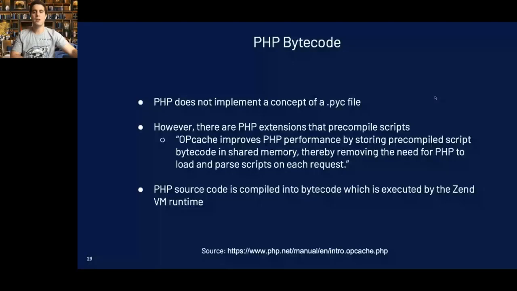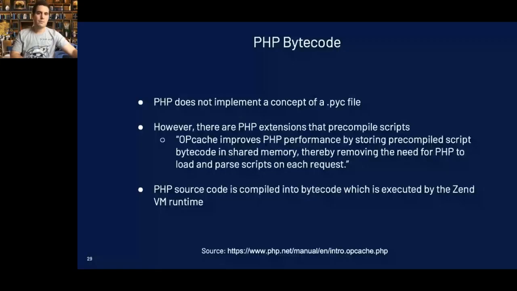Opcache improves PHP performance by storing precompiled script bytecode in shared memory, thereby removing the need for PHP to load and parse scripts on each request. It serves the same function as a PYC file. It's there to make load time much faster.